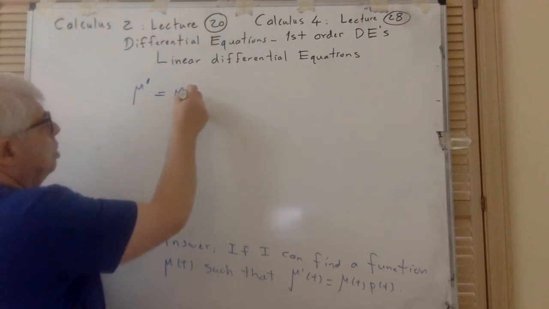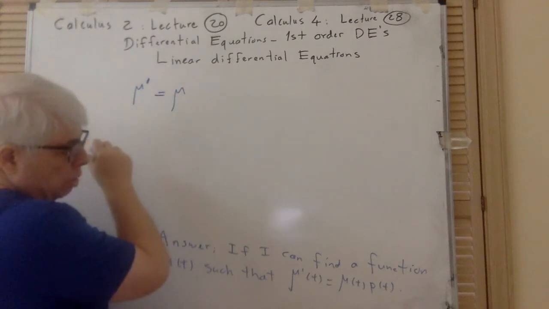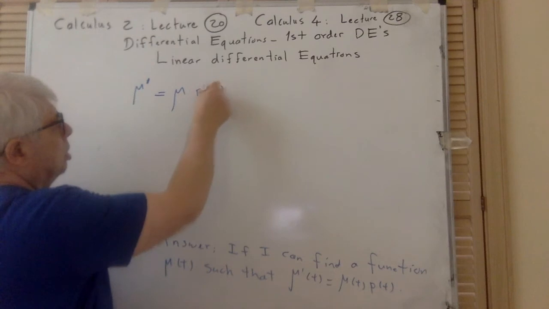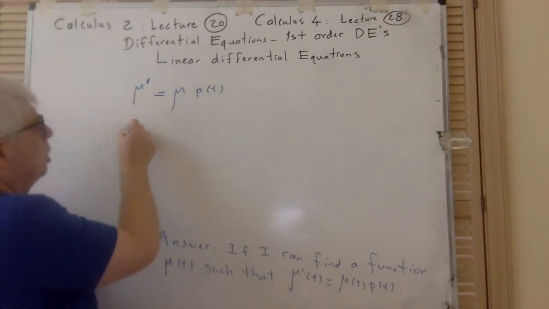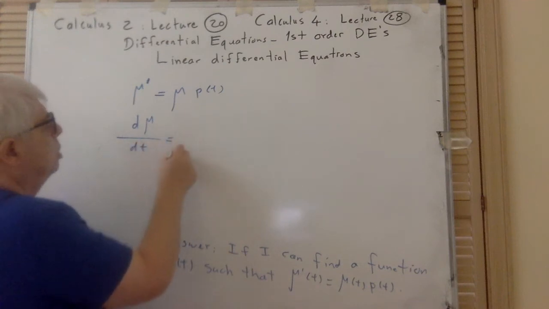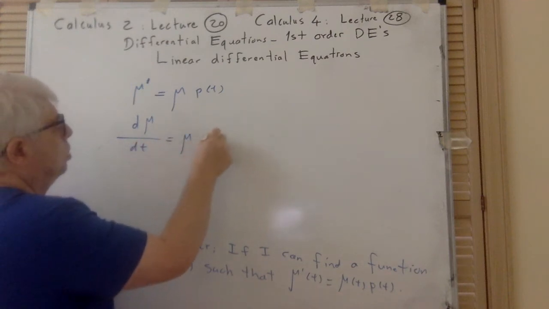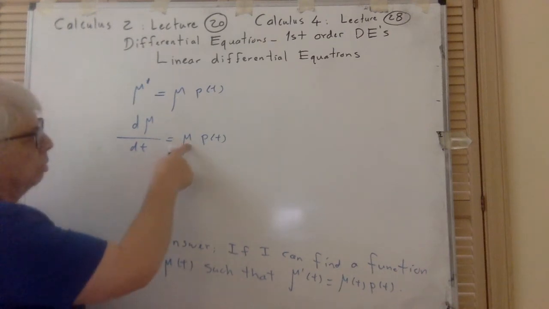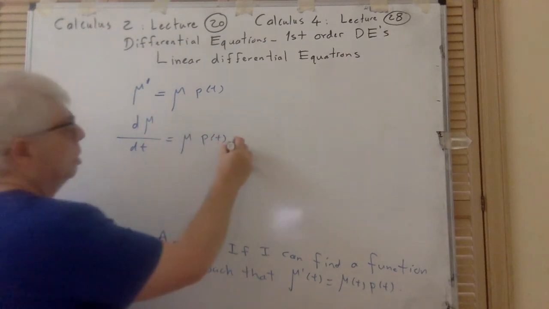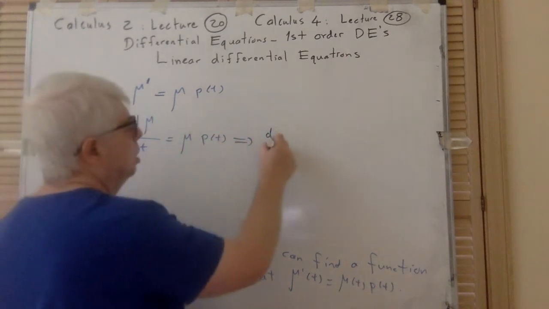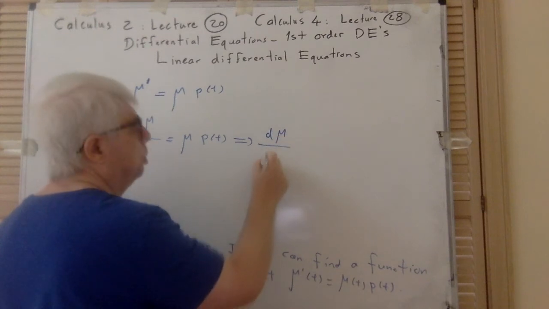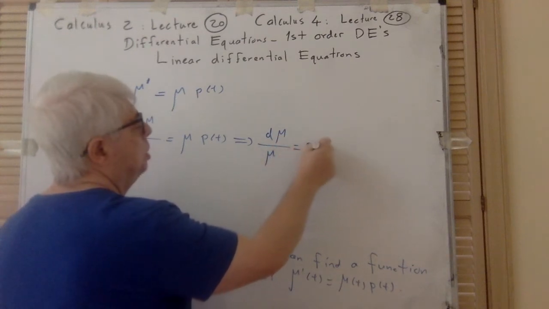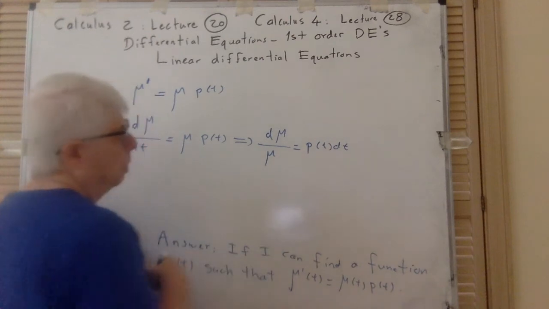So on this side I have d mu over dt, and on this side I have mu p(t). What is this? This looks like a separable equation, right? So I can bring this here and dt here. So I have d mu over mu equals p(t) dt.